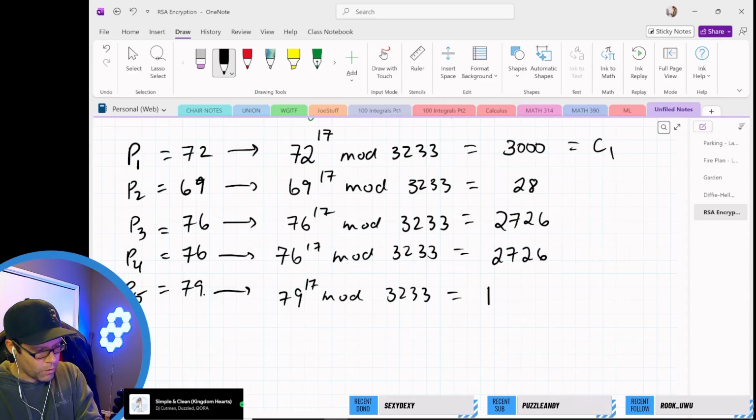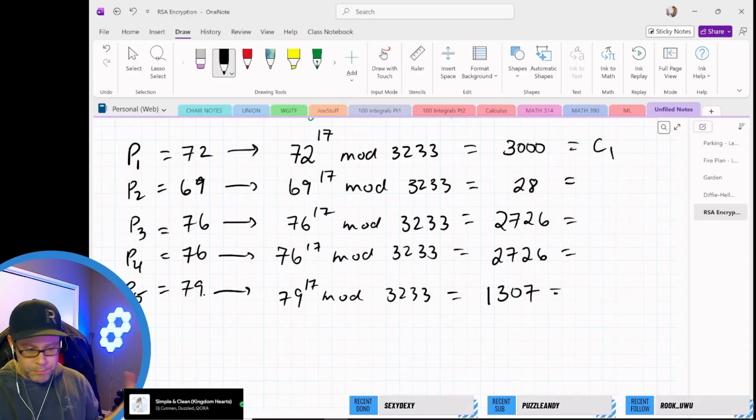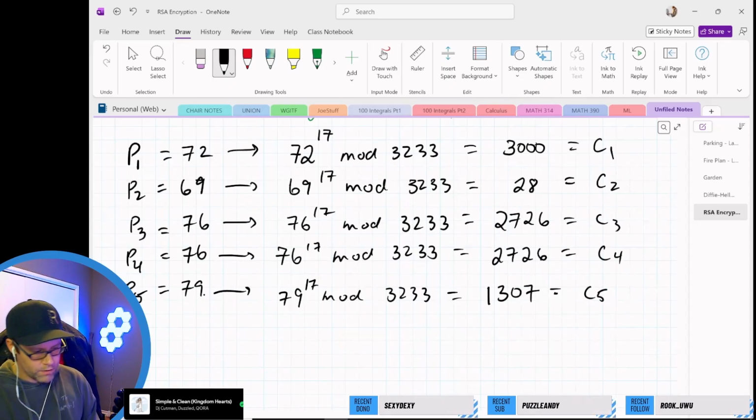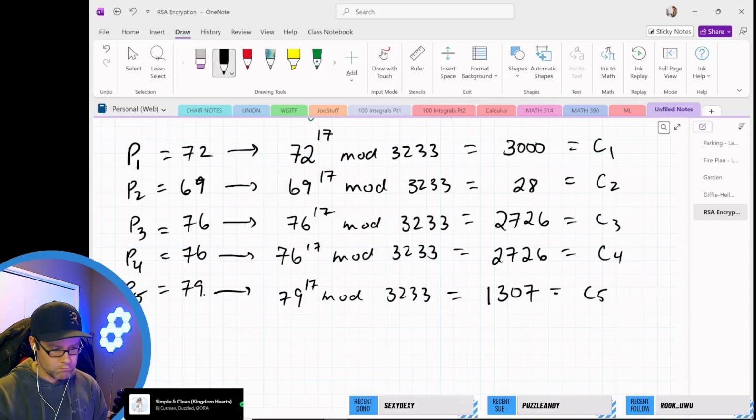And then for P5, we got 1307. You might want to double check and make sure you can get those values using some kind of online calculator, LLM tool, or one of your programs like R or Python. These become our five ciphertext pieces that we're going to be sending back to the individual that has requested that information.